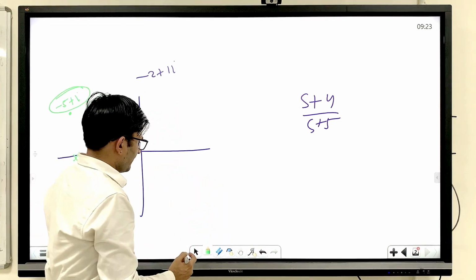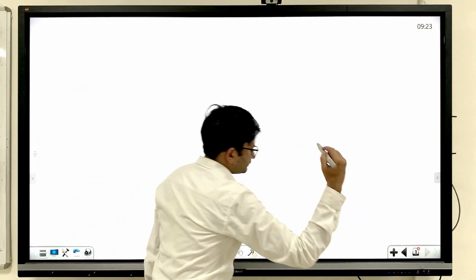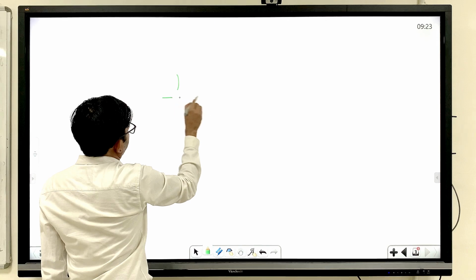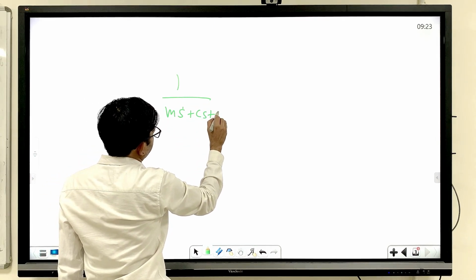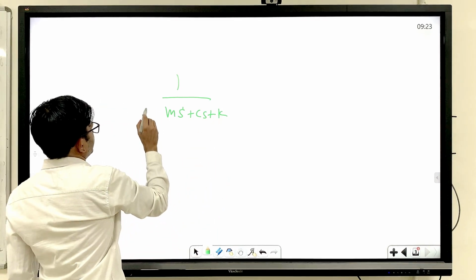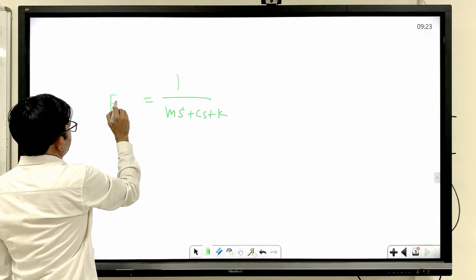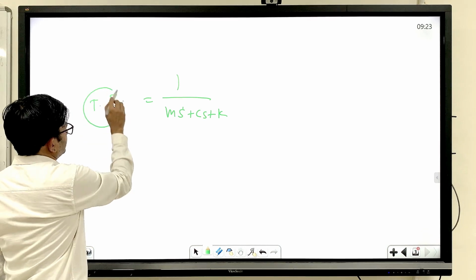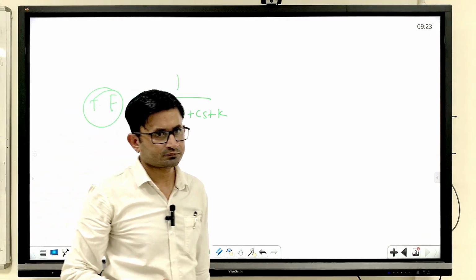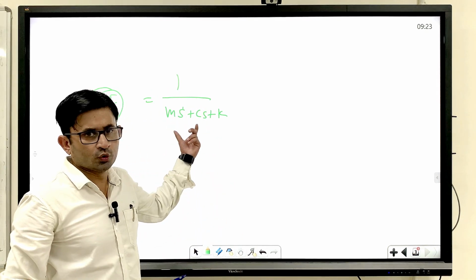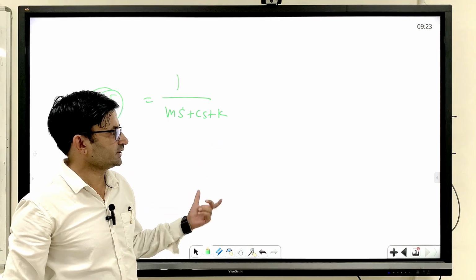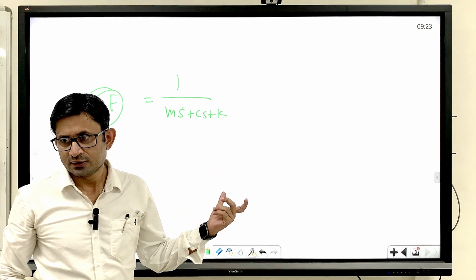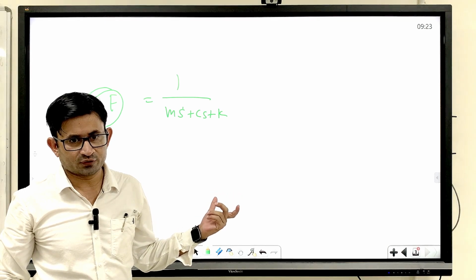We will consider a simple example, the spring mass system, right? 1 upon ms square plus cs plus k. This was the transfer function, right? So now it has 2 poles, right? You can locate the poles. Now the question is, can you draw the Nyquist plot for this case?